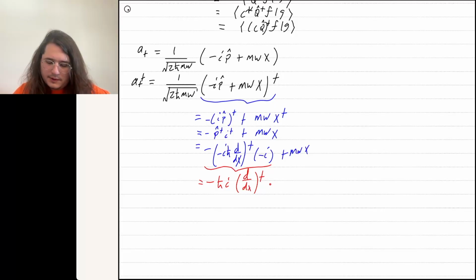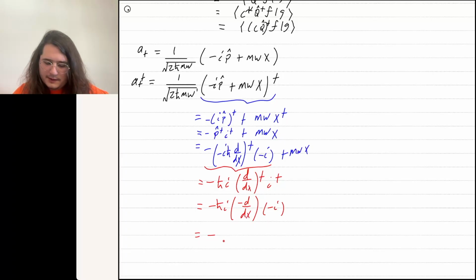times i dagger. Okay, and then the Hermitian conjugate of d dx we found was minus d dx, and the Hermitian conjugate of i we found was minus i. I'm still counting 3 minus signs, so we're still going to have a minus, and I'm going to group all the i's together like this.